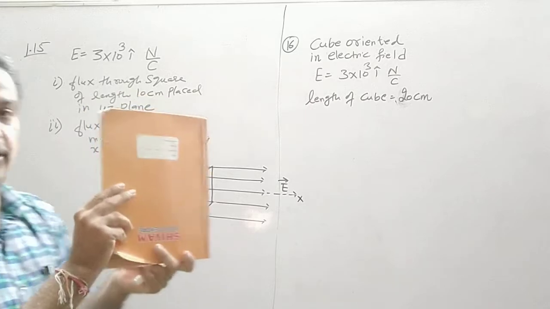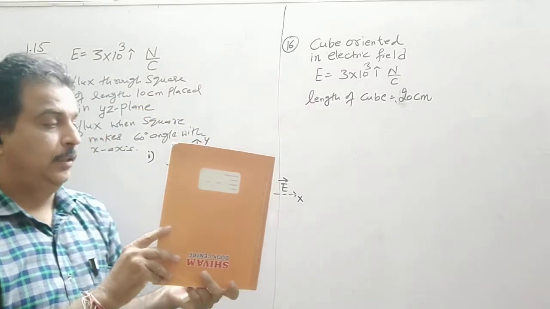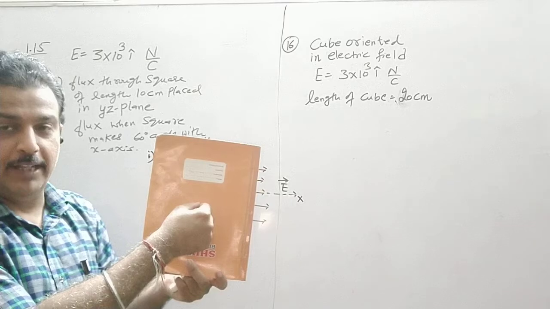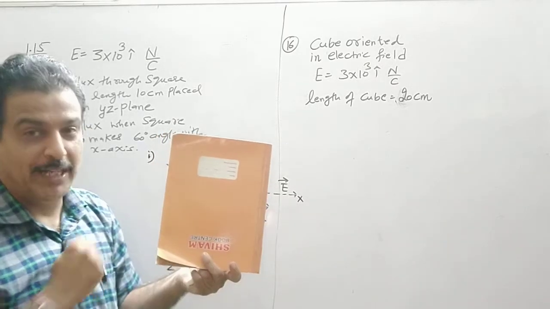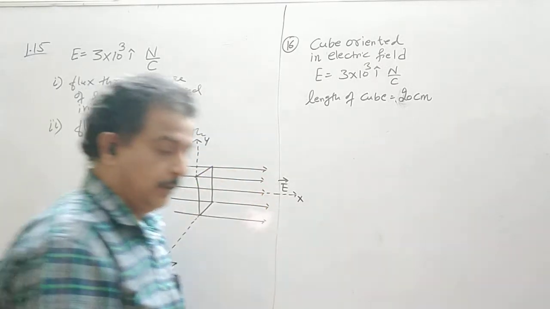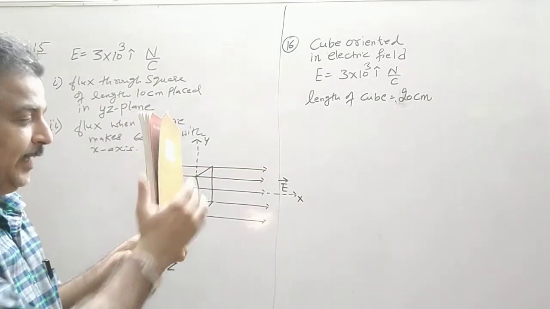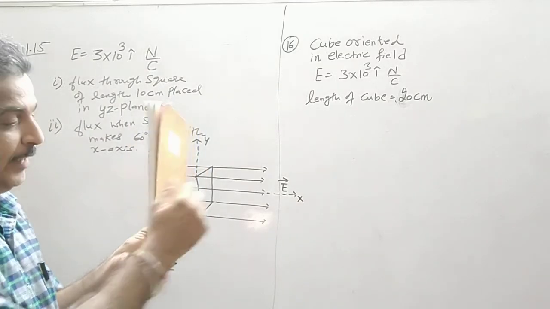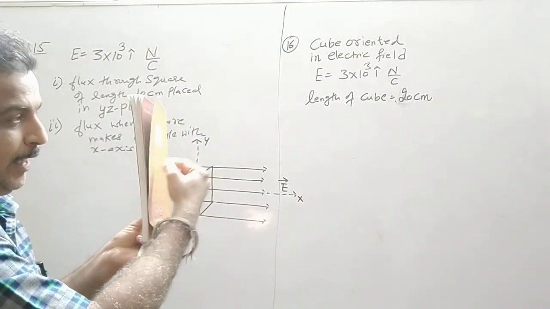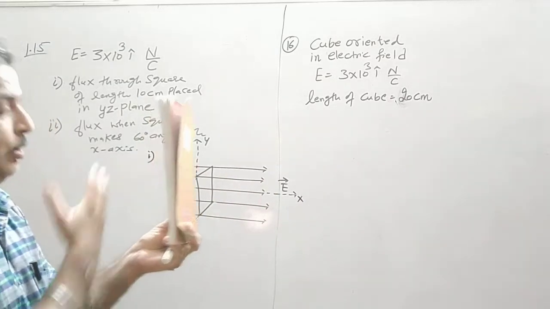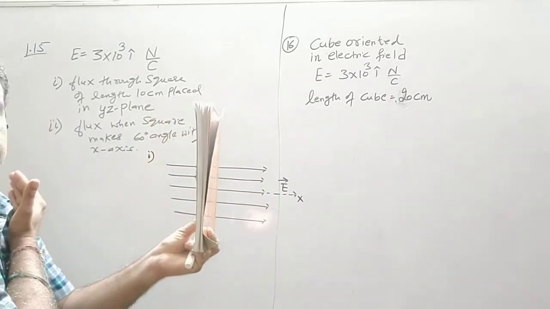Now clearly we know that we have to take out the area vector, and the area vector is always perpendicular to the plane. So here the plane of the square is like this. If I take out the area vector, I can take it along the x-axis or along the negative x-axis.